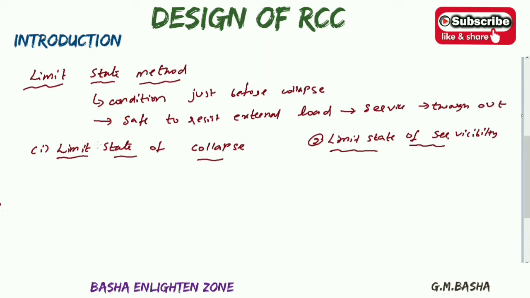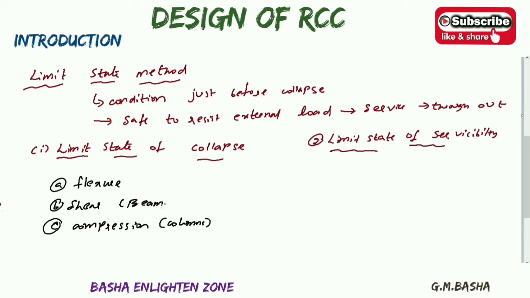Again, what are the things that come under limit state of collapse? First one will be flexure, that is bending in beams, and again shear for beams only, and again compression for columns.